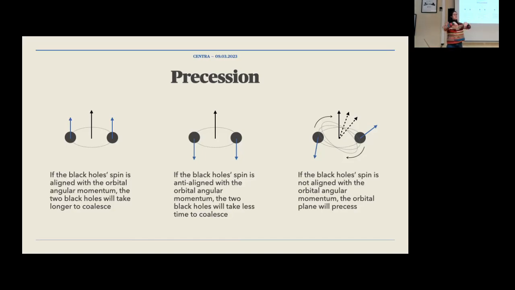In the case where they're anti-aligned, the total angular momentum is reduced, and the binary will coalesce sooner. In the case where they're not aligned with the orbital angular momentum, you get a coupling effect, and this causes the plane of the binary to precess, as shown here.